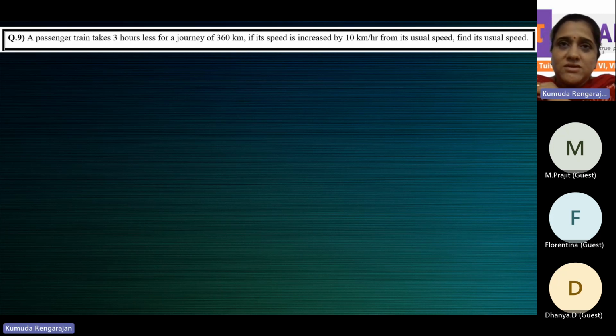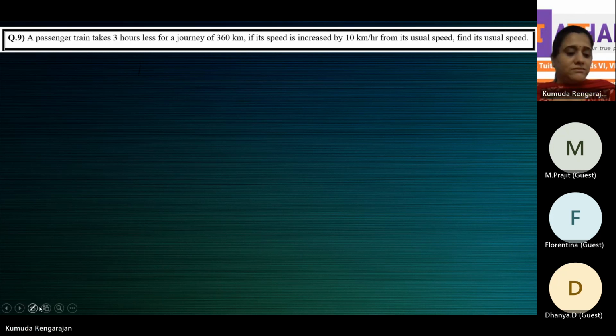So the journey distance is 360 kilometers. Original speed, we don't know, so X kilometers per hour. New speed, X plus 10 kilometers per hour. Difference in time taken, 3 hours.